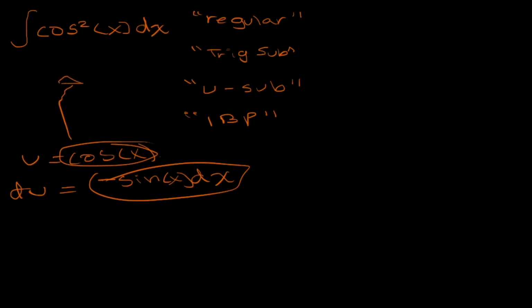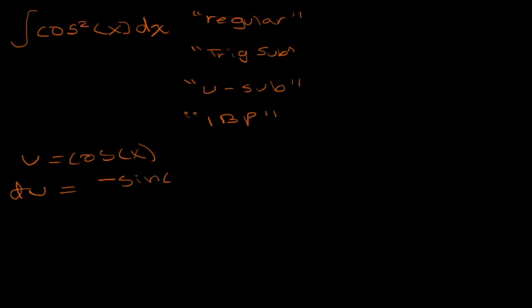But unfortunately, that doesn't seem to be the case, because we can't identify a sine over here. It's just cosine squared of x. So perhaps we could try cosine squared of x as u and see where that takes us. Du is going to be the derivative of this. So we're going to take the derivative of the outer function, because this is a chain rule problem.